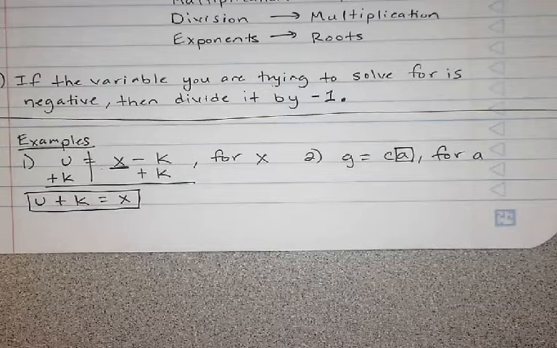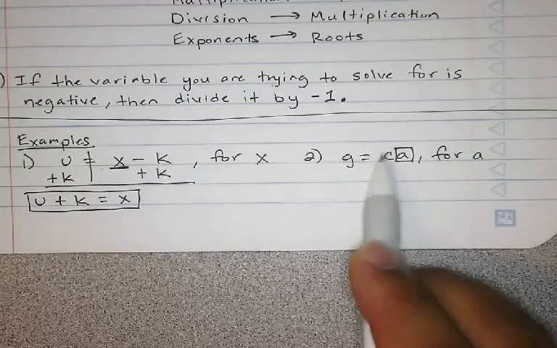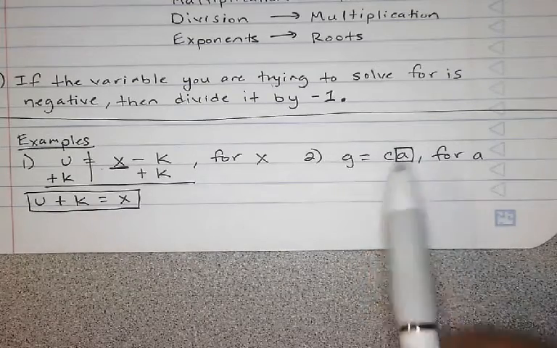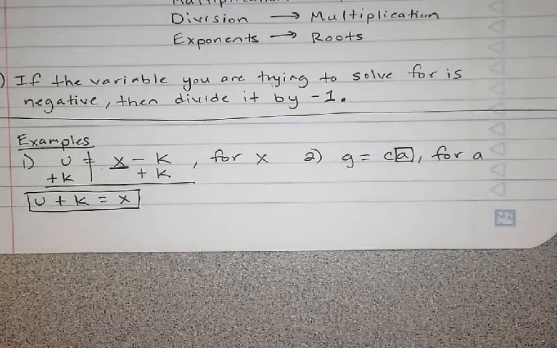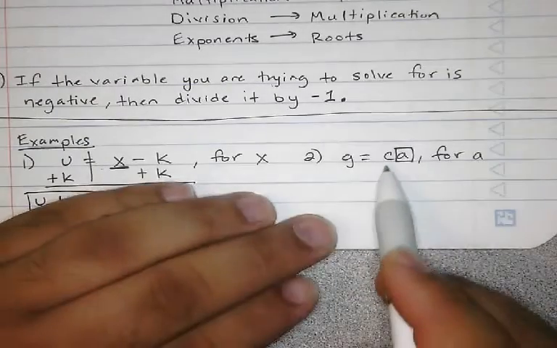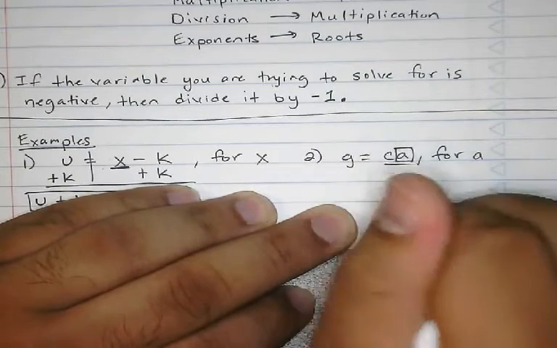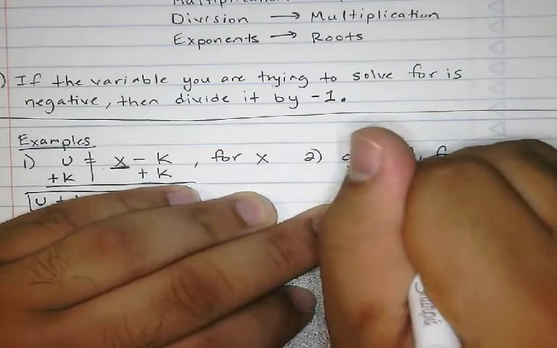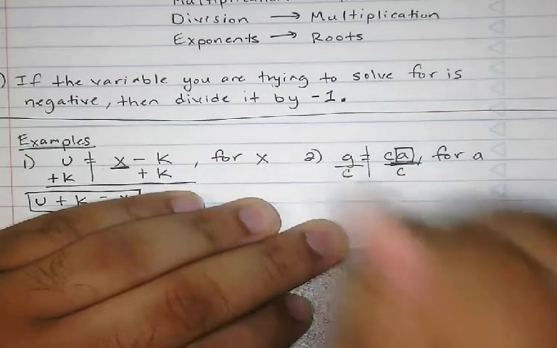Now, it's C times A. I need to get A by itself. So what's the inverse of multiplication? Division, right? So the inverse of multiplication will be division. So I have to divide this by C. And again, whatever I did to one side, I have to do to the other side.